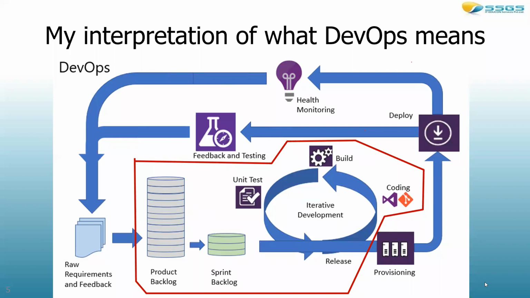So these are the things which the operations people do regularly, but they were not doing it frequently, or they were not doing it rapidly, because that was not the mandate which was given to them by the management.